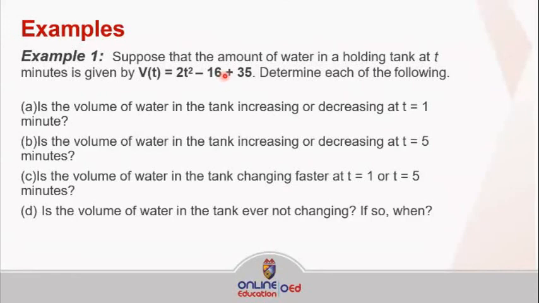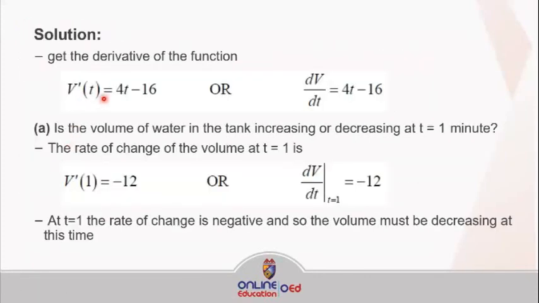So, ang formula na natin dito is 2t squared minus 16t plus 35. Kaya yung value nito kapag dinerive natin is 16, and for the 35 is 0 na siya. That's the reason why we have here the first derivative as 4t minus 16. Or pwede natin siyang isulat daw, yung V prime of t is also dV over dt. Same lang siya as 4t minus 16.